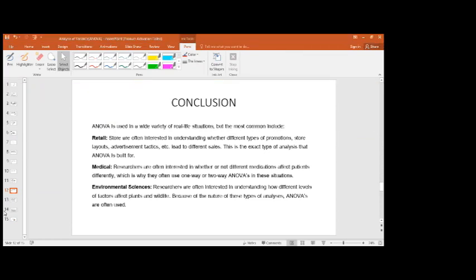In medicine, researchers are often interested in whether or not different medications affect patients differently, which is why they often use one-way or two-way ANOVAs in this situation. Similarly, in the environmental sciences, researchers are often interested in understanding how different levels of a factor affect plants and wildlife. Because of the nature of these types of analysis, ANOVAs are often used. So this is the conclusion of the one-way and two-way ANOVA test.